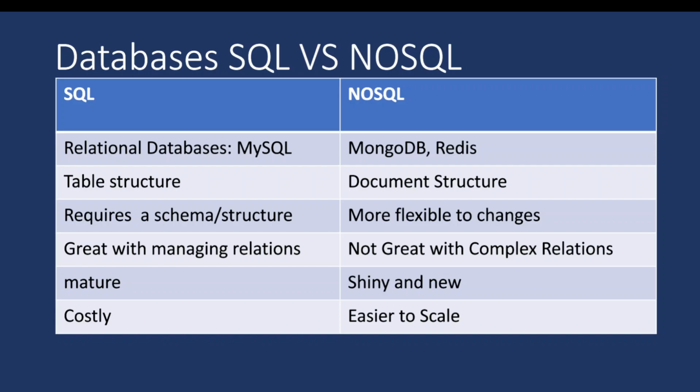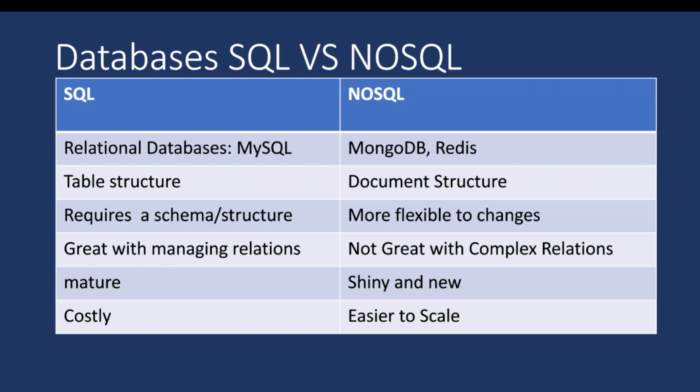SQL is a language that is used by relational databases like MySQL, and NoSQL is a query language that's used by databases like MongoDB or Redis. There could be many other databases, but I have mentioned these only.